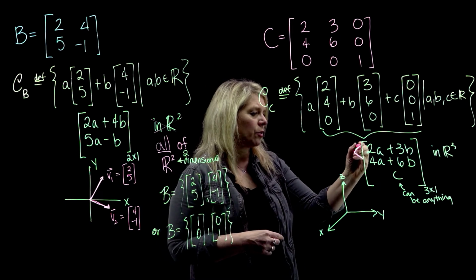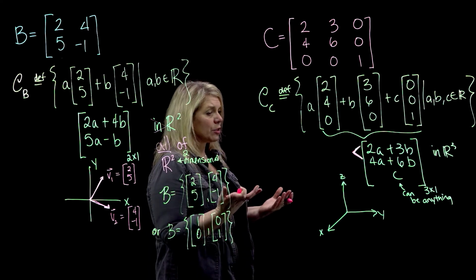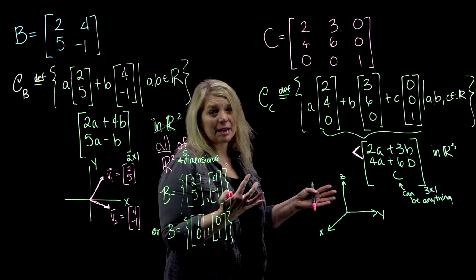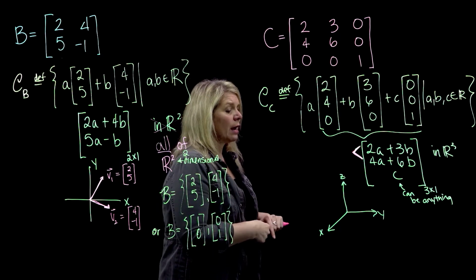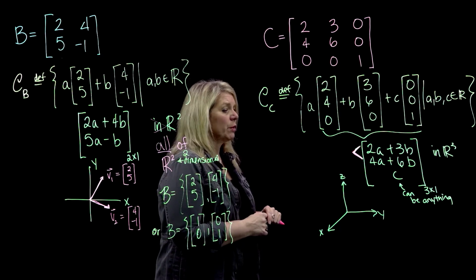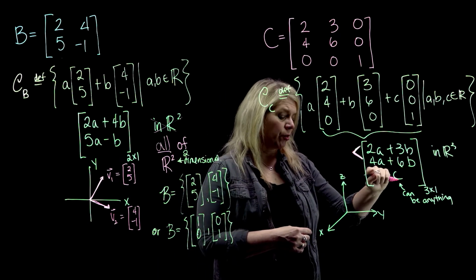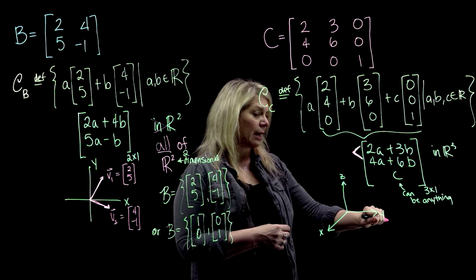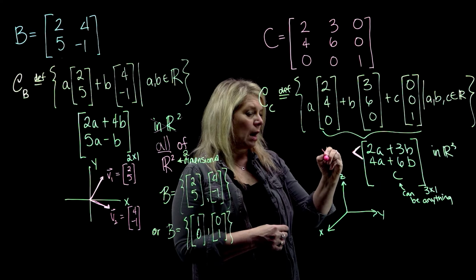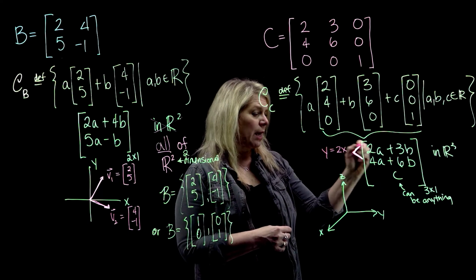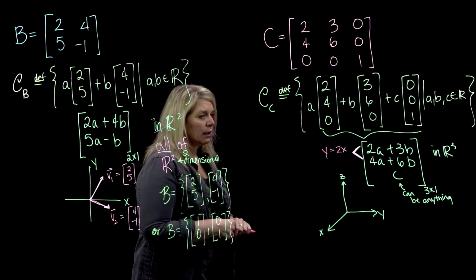So these two entries in my matrix have an important relationship. Again, I made this example so that's easy to see. If it's not so easy to see, maybe you do a little bit of algebra to figure out some relationships between those. But in this one, the second entry, which we would sketch parallel to the y-axis, is 2 times the first entry. So y is equal to 2 times x, and z, the third direction, can be anything.